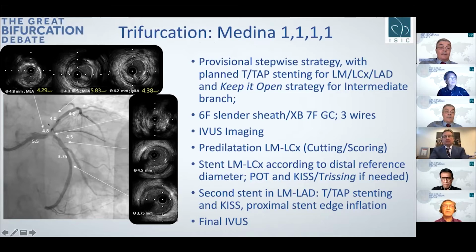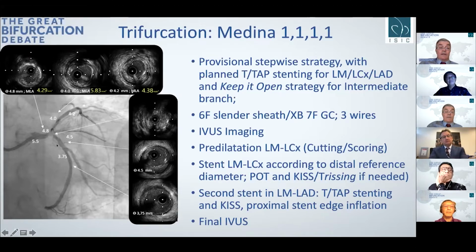So the last step of the procedure after tracing will be TAP stenting with precise position in the ostium of the LAD, kissing because we already have balloons inside, and then final confirmation by IVUS and final proximal stent edge balloon inflation.